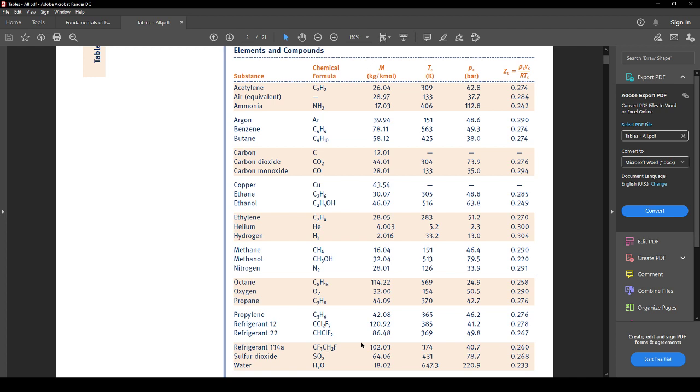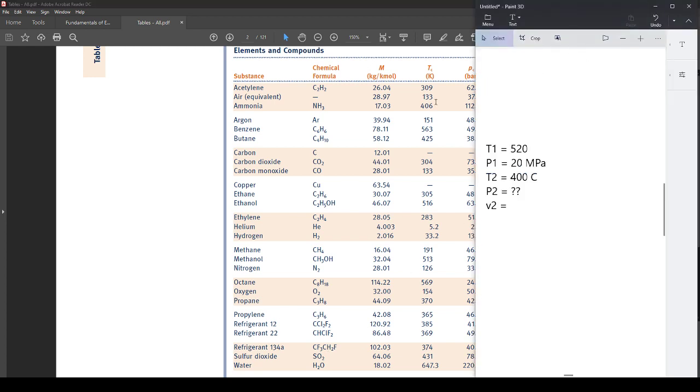We had to go grab all the relevant information. By relevant information, I mean we have to go find the molecular weight, or the atomic weight, whatever, the big M, right? We then have to go find TC and PC for water, all right? So I'm going to go do that. So drop it down here.